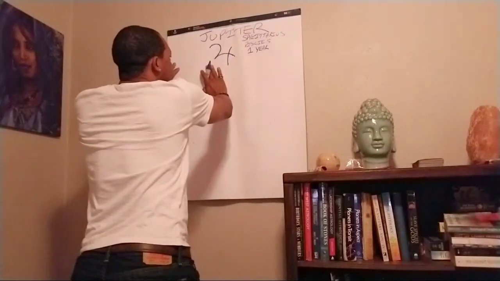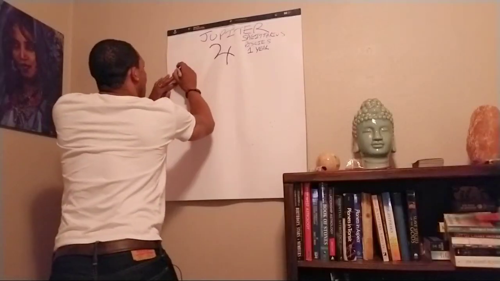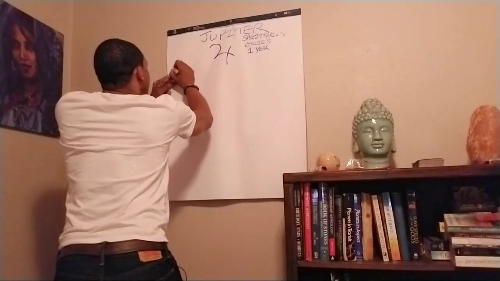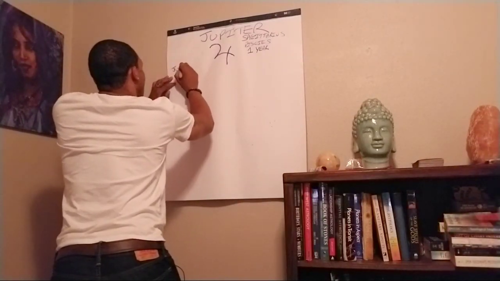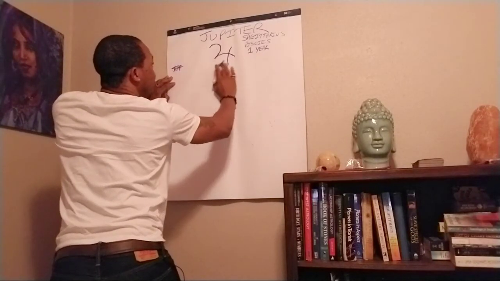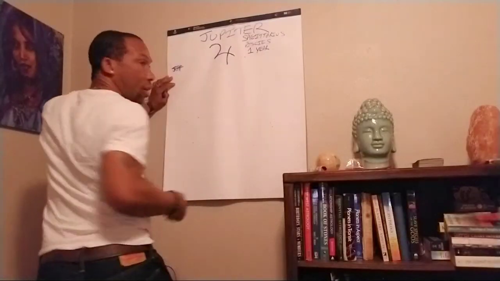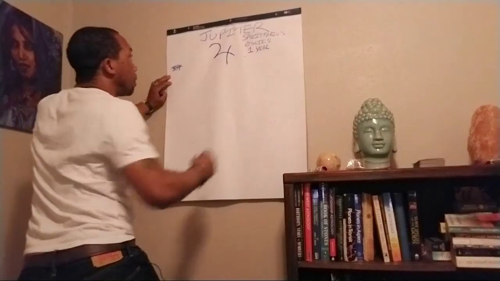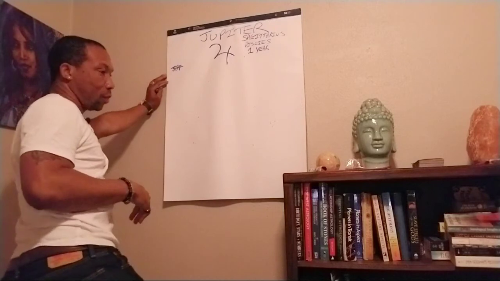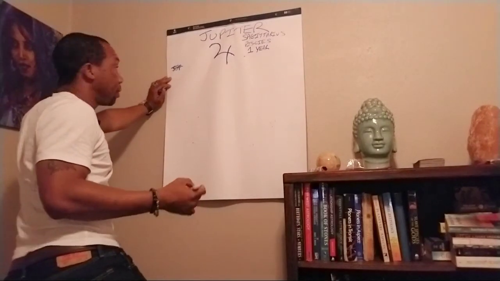So let's look at Jupiter in Aries. Let's just say we're going to start with Jupiter in Aries. Sorry. Jupiter is the planet of law, abundance, growth, expansion, religion, philosophy.